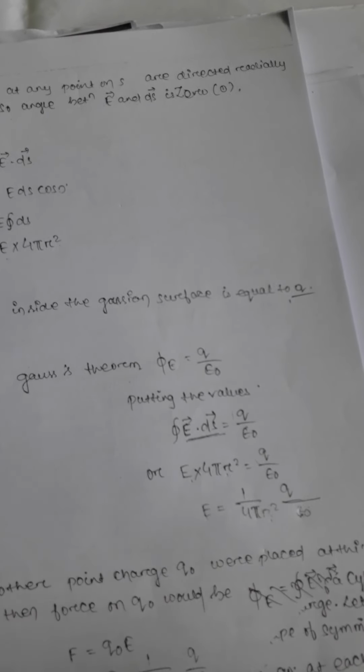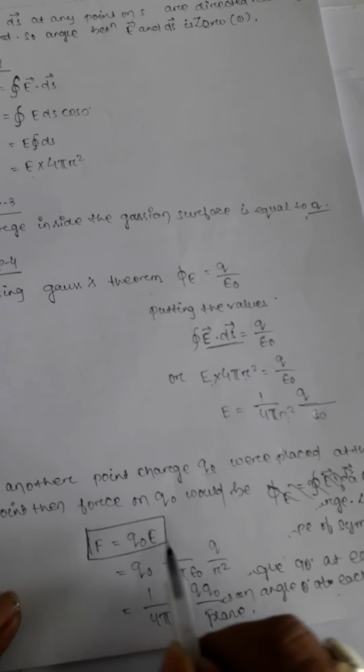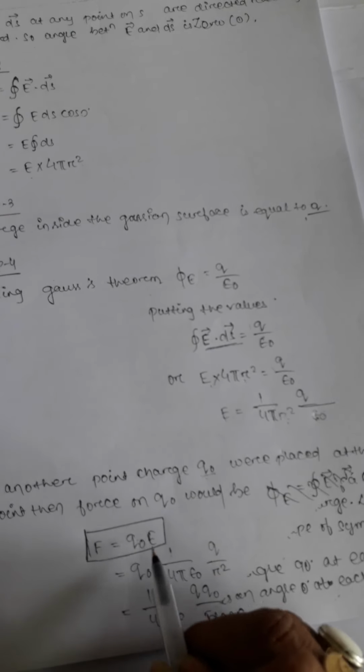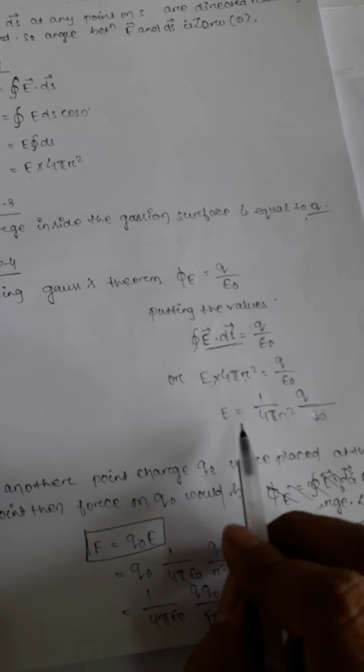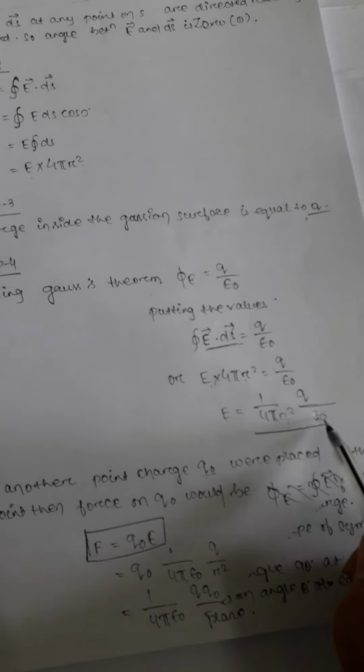To prove Coulomb's law, we have to place another charge because it is the combination of two charges. We have to calculate the force between two charges in Coulomb's law. So let's take another test charge Q0. If the test charge Q0 were placed at this point, the force on Q0 will be F is equal to Q0 into E. The formula of force is QE, and instead of E, we can write the value 1 by 4 pi epsilon r q by r square.